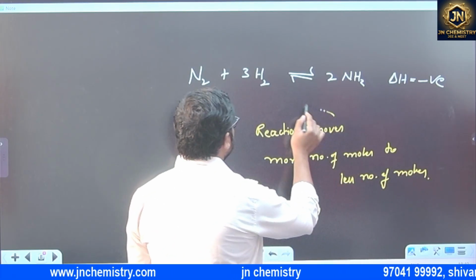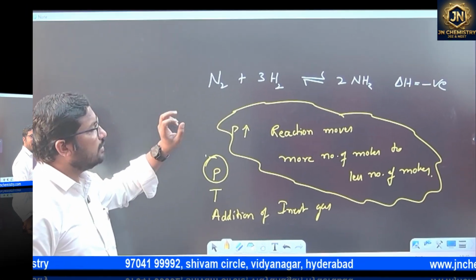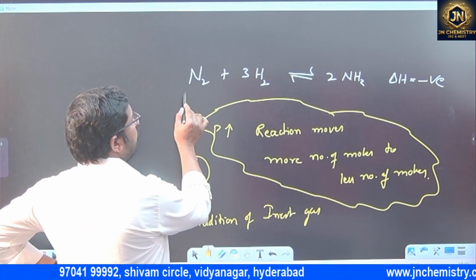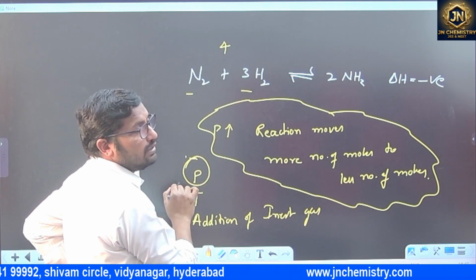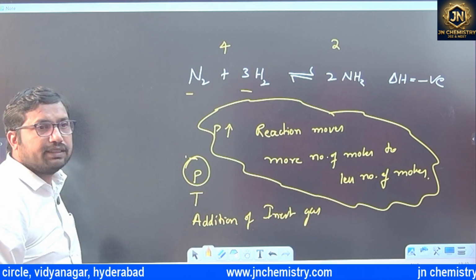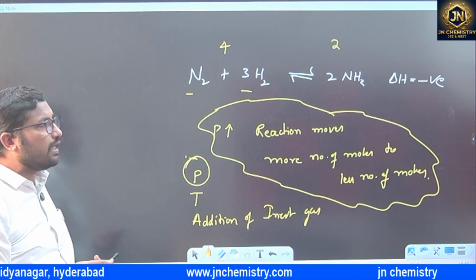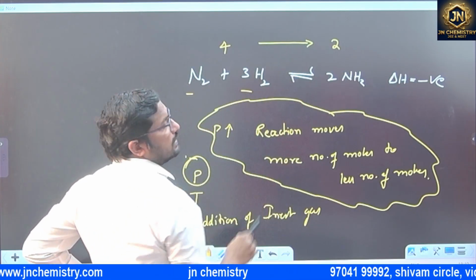So one simple statement is more than enough. Here, 1 + 3, total 4 moles are on the left side, 2 moles on the right side. If you increase the pressure, does the forward reaction or the backward reaction take place? From more moles to fewer moles, so the forward reaction.